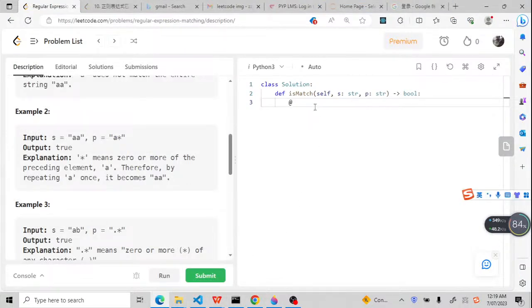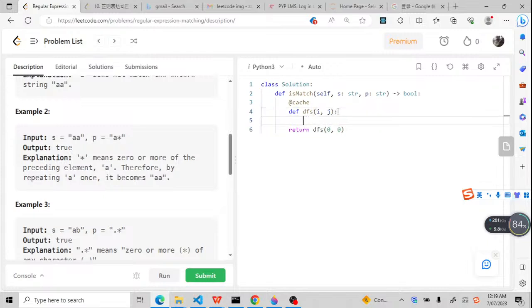For this problem, we will use a case, and for the first condition, we will define a DFS with I and J. Because we will use case, we need to use two indexes I and J, and we can return from 0 and 0. So the I and J will start from 0.